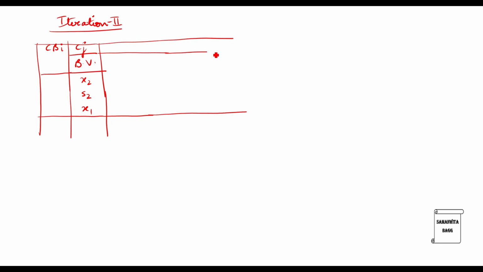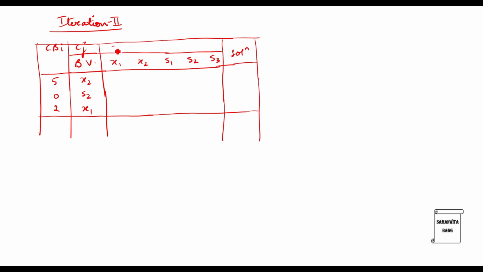So please be very careful while solving. Take your time, because if you do not take time initially and get a mistake at the end, it is really difficult to figure out at what stage you made it. So x2's coefficient is 5, 0 and this is 2. Now we have x1, x2, s1, s2, s3. Then we have solution. So this is 2, 5, 0, 0, 0.